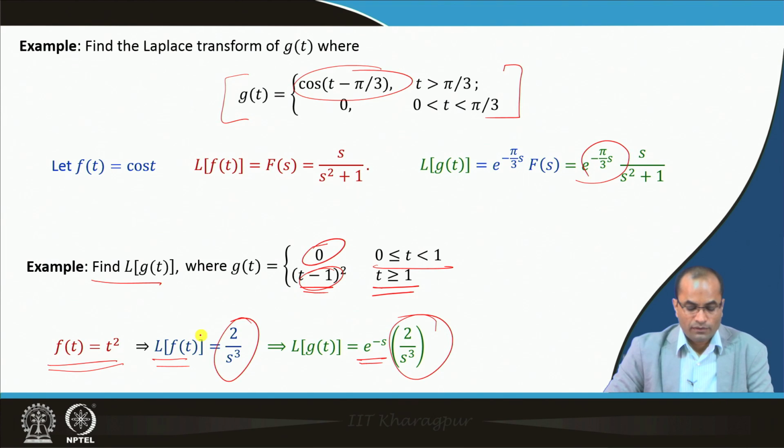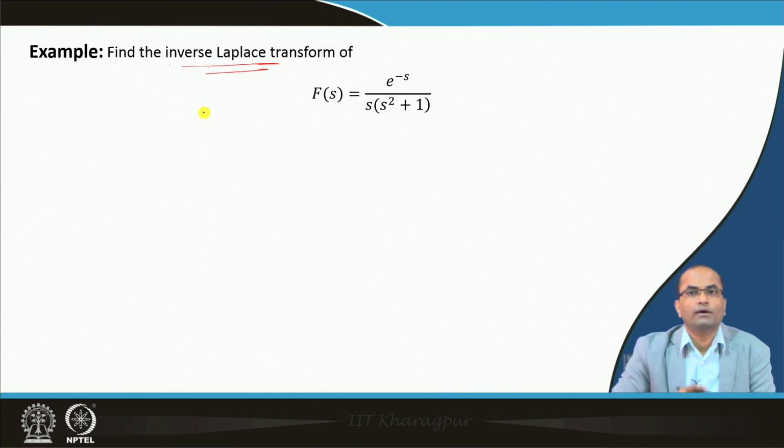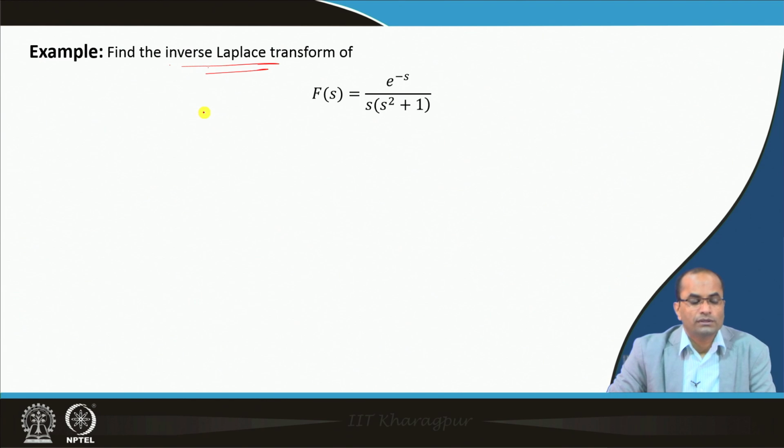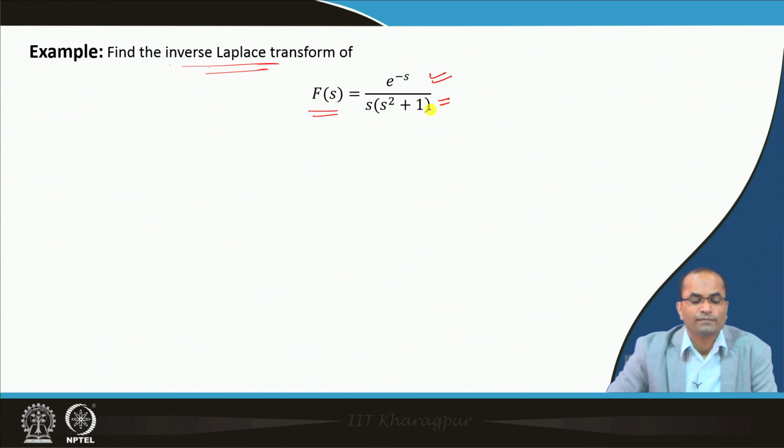Well, we can also look at the inverse Laplace transform, how to apply this property for the inverse case. So, we have for instance here F(s) as e^(-s) over s into (s square plus 1).